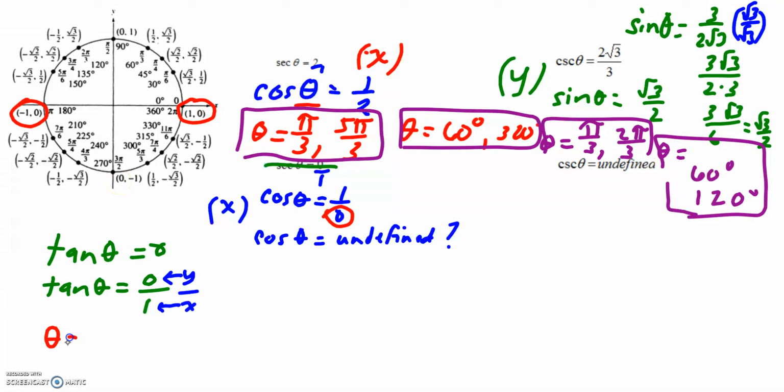The only answer for theta in radians would be 0, and the only answer for theta in degrees would also be 0 degrees. Now, some of you might be wondering, why am I not saying 2 pi and why am I not saying 360? That is because if we say 0 and 360, we're using coterminal angles and we only want to go all the way around the circle once.